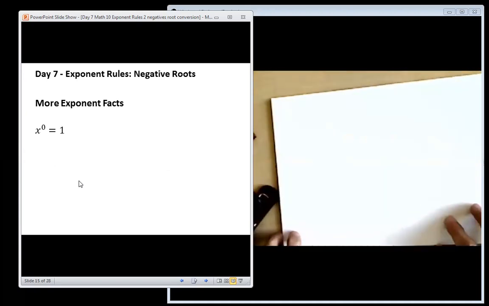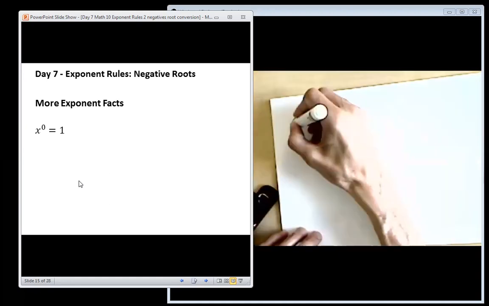This is another math fact that you get for free. There is a way to show this that I might put up. But the takeaway from this is whenever you have a 0 in the exponent, whatever that exponent is on turns into the number 1. So it could be 5 to the power of 0.